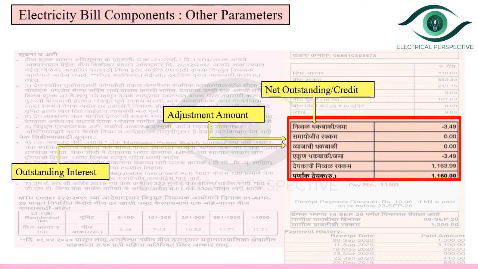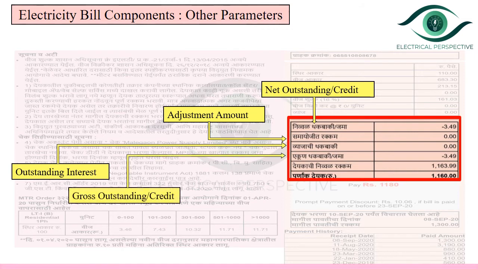Then Vyajachi Thakabaki, which means the outstanding interest. Now, if you have failed to pay the interest on your outstanding amount, then that interest is considered here under the outstanding interest head. Then next one is the Ekun Thakabaki or Jama, which means the gross outstanding or credit.